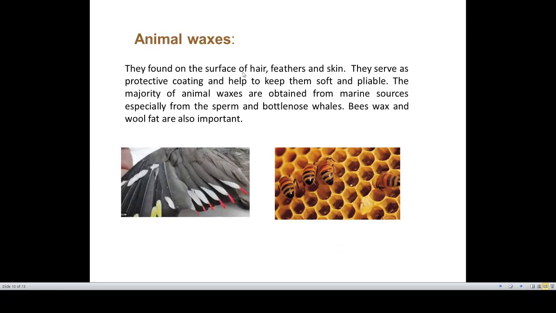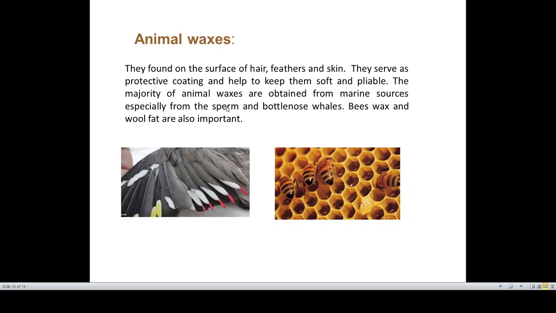Next, we are going to the animal waxes. When the waxes are found in animals, we categorize them as animal waxes. Coming to the occurrence, they generally occur on the surface of hair, feathers, and skin, and once again they serve as an excellent protective coating and also keep the feathers or the skin very soft and pliable.